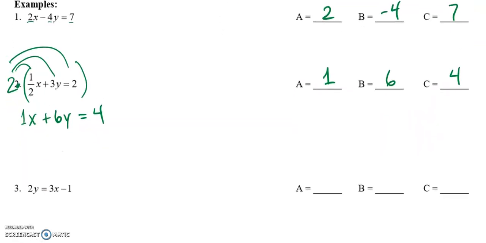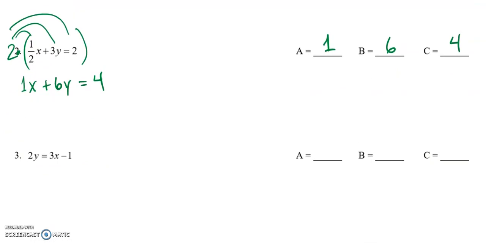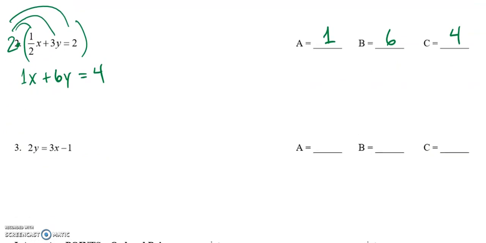Let's look at number 3. So number 3 is not in standard form because the x and y aren't on the same side. So first thing we want to do is move the x over to the proper side. That gives us negative 3x plus 2y equals negative 1. No fractions, so that's good. Problem on this particular one is that we have a negative for the x.